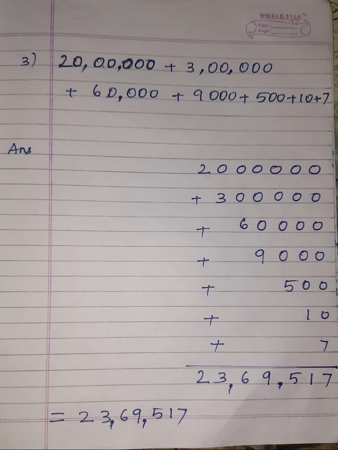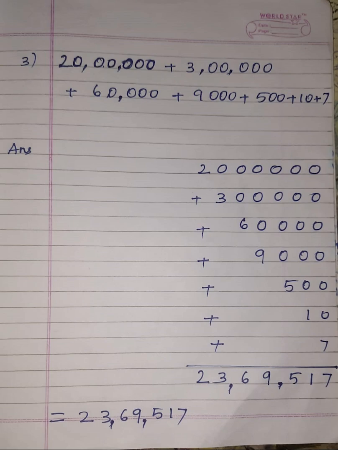Units should be written in the units place, 10 in the tens place, 100 in the hundreds place, 1000 in the thousands place, 10,000 in the 10,000s place. Likewise you have to write. Now next is plus 60,000 plus 9,000 plus 500 plus 10. Finally we have plus 7.